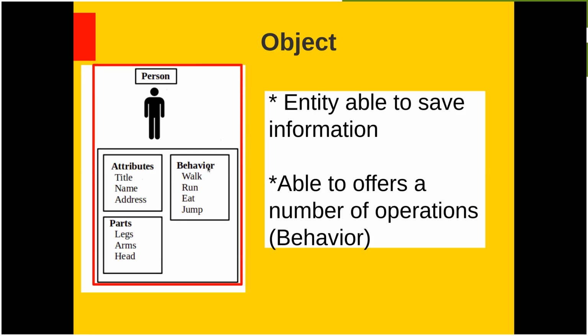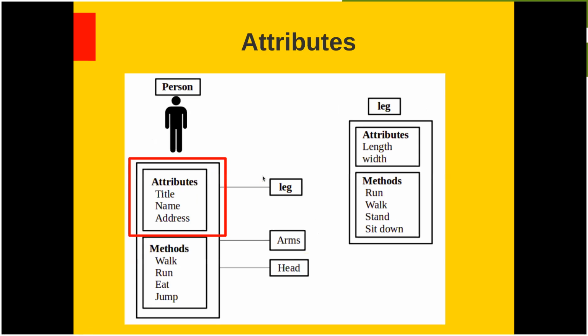And behavior is walk, run, eat, and jump, like that. There will be many behaviors like that. Parts are legs, arms, head. These parts become other objects.